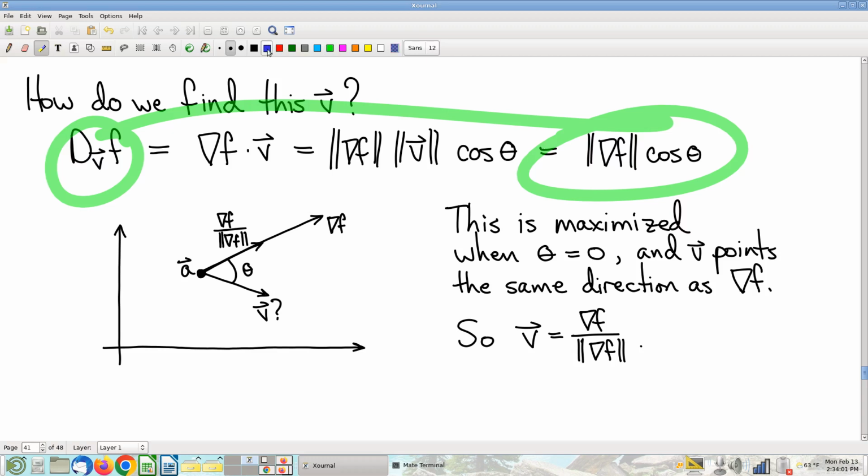And keep in mind, I'm talking about being at a point A where the gradient at that point is some vector, and I'm contemplating different scenarios about how I might move away from that point. But as I contemplate all these different possible directions in which I might move from A, I have not yet moved from A. A is fixed.